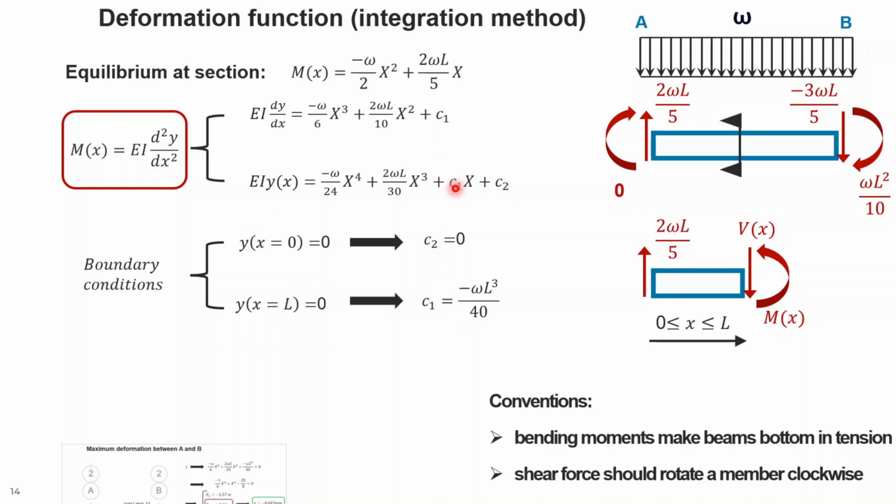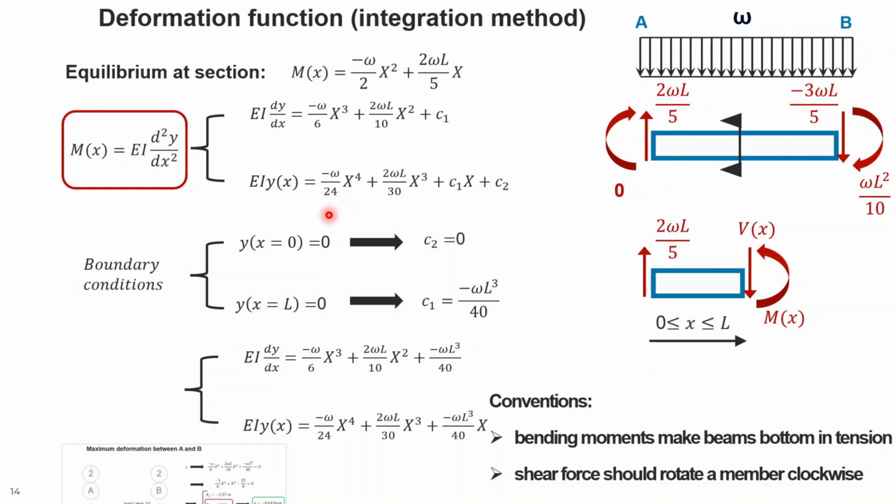And if you calculate c1 and c2, this will be known, and this is the deformation shape of the beam in the AB segment. You just replace c1 and c2 here, and these are two equations. This is the function of the deformation of the AB segment, and this is the function of theta, the rotation of different nodes at segment AB.